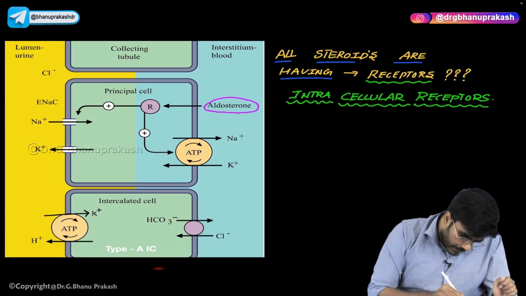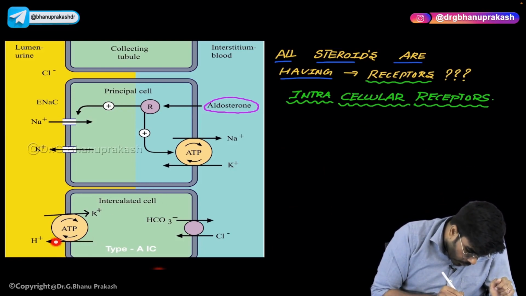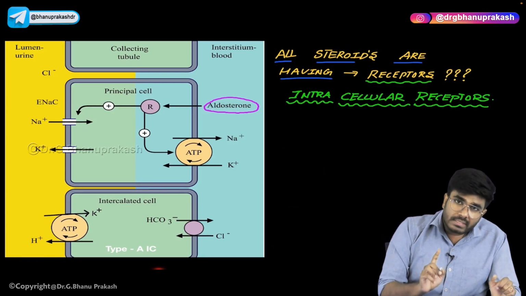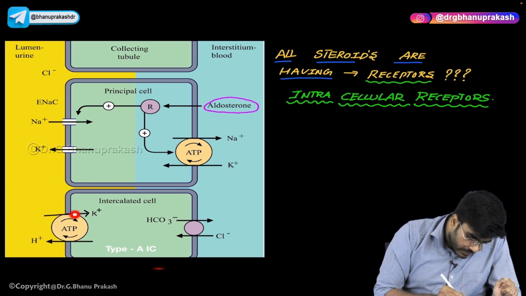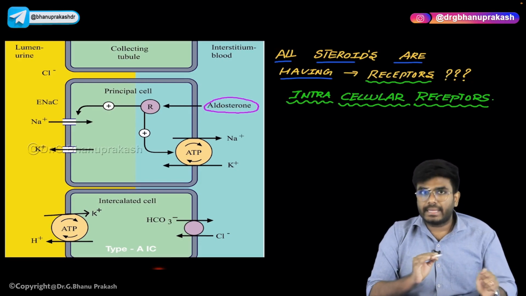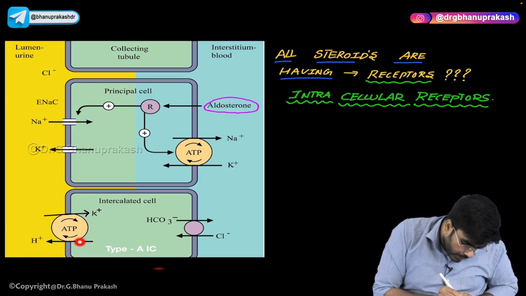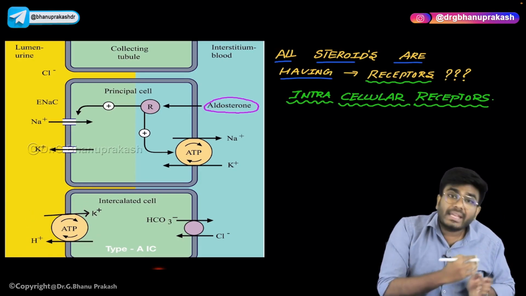In an intercalated cell, if aldosterone comes and acts on the cell, protons are going to be excreted out. This proton excretion is exchanged with potassium intake. So, what is this transporter doing? It is throwing out the protons in exchange for taking potassium in.